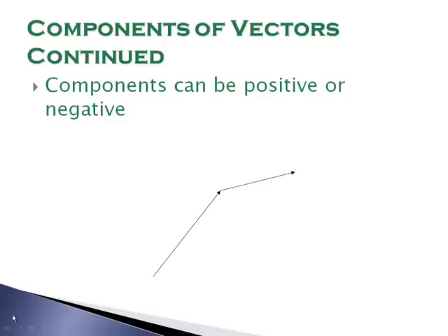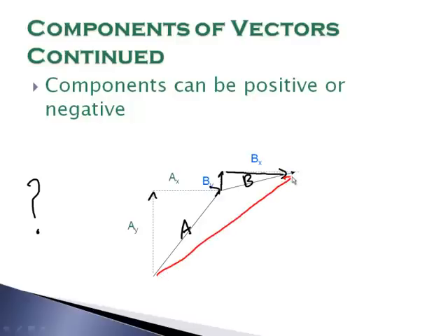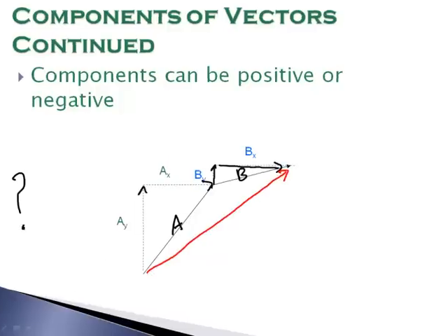Now, here's where it gets interesting. What if they're not at beautiful, nice, right triangles? Well, here's a nice thing we can do. I could take vector A here, and I could find its components. Then I could take vector B here and find its components. Well, the result of these two is this big guy. But if you look at this big guy, how do I find it?